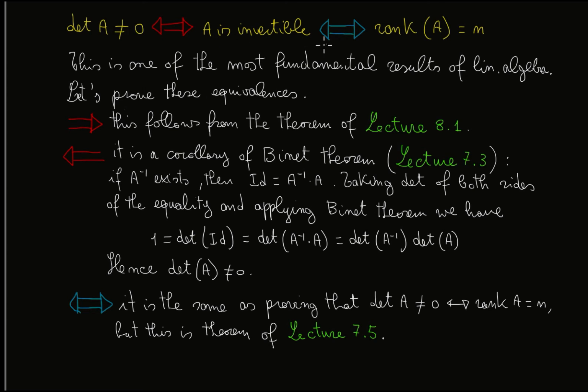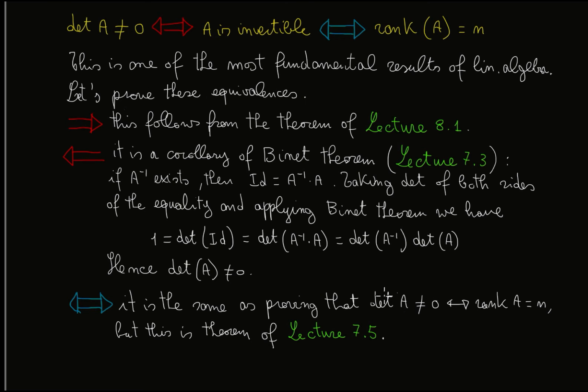A is invertible if and only if the rank of A is maximal, equal to n. Well, for what we have just proved, the statement of A invertible is the same as the determinant of A different from 0, so we can replace the invertibility of A with the determinant of the matrix being non-zero.